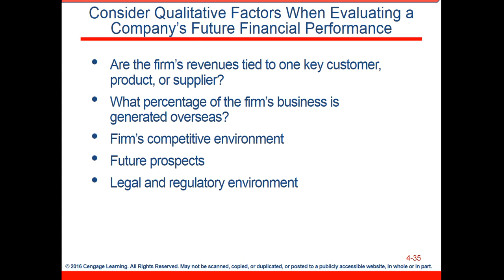What is the competitive environment, the future prospects, the product quality, customer loyalty, etc.? All those things need to be considered to make a decision, especially a buy or sell decision when the company is concerned. We are going to talk about more of these factors in other chapters.